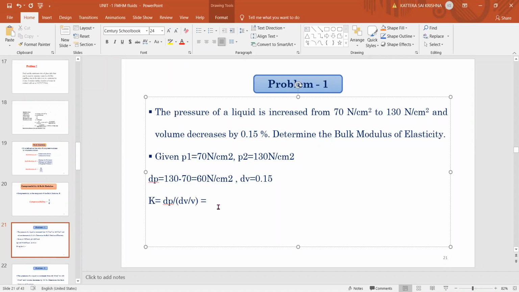I think it's a wrong answer. So 40,000, sir. So 4 into 10 power 4, or 40,000 Newton per centimeter square. This is the correct answer. So K equal to 40,000 Newton per centimeter square. This is the solution for this.